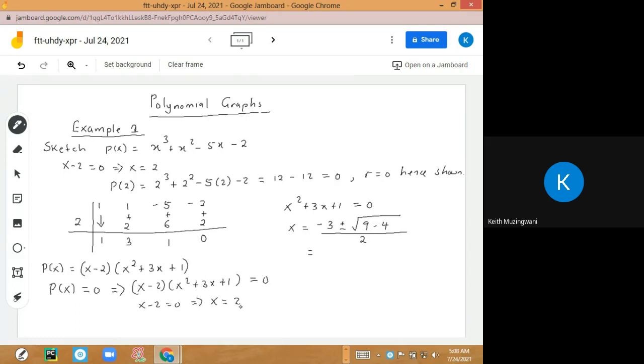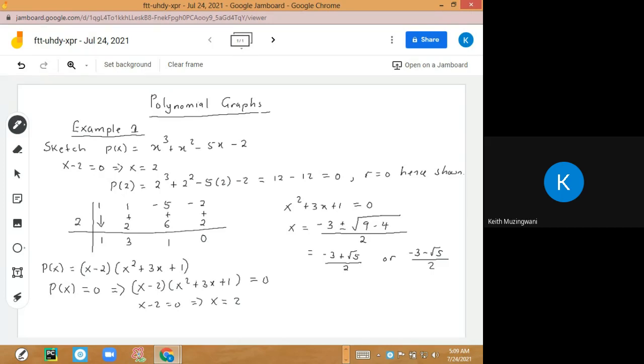So the values of x we are getting are negative 3 plus root 5 over 2, or negative 3 minus root 5 over 2. So these three values of x are the x-intercepts.